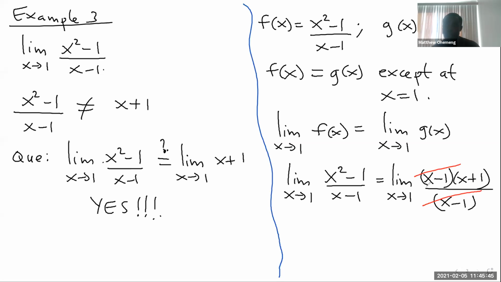Because we couldn't cancel them earlier, since s can be 1. If x is 1, then this one is undefined, that one is defined. So in that case, you can't say they are equal. But for limits, as you approach 1, we have excluded the 1, because you're looking at the neighborhood of 1. And in the neighborhood of 1, the s minus 1 is never 0. So you can always cancel them out.